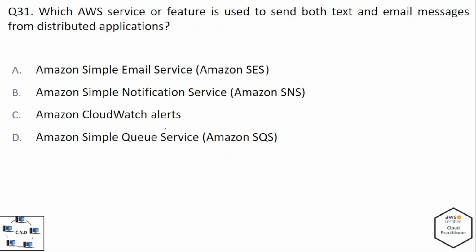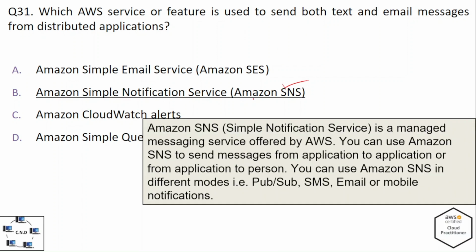And D. Amazon Simple Queue Service, that is Amazon SQS. And the correct option is Amazon Simple Notification Service, that is Amazon SNS, which is used to send and receive text and email messages from distributed applications.